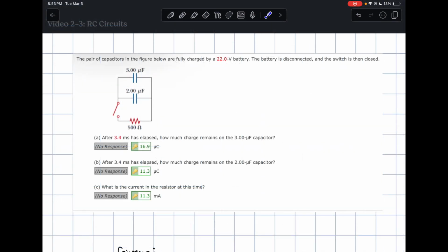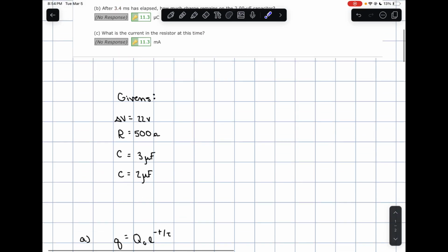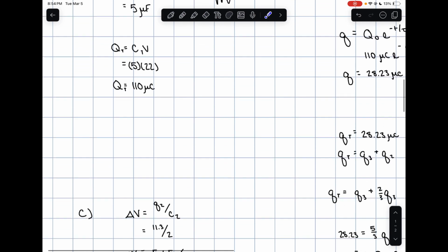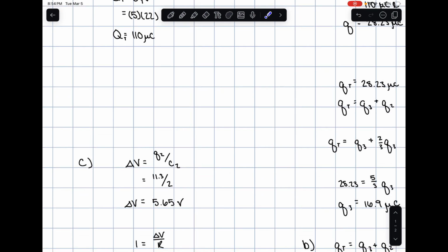Now, let's look at part C. What is the current in the resistor at this time? For part C, we're going to need to start by finding a voltage because the battery is now removed and the capacitors are discharging.